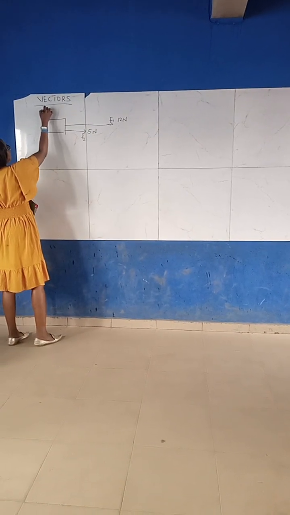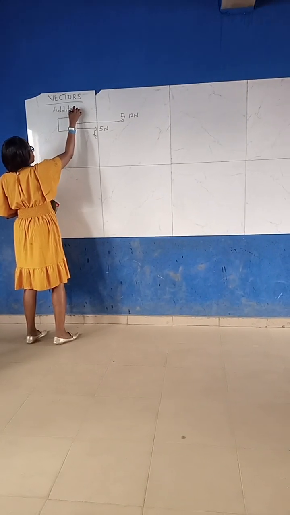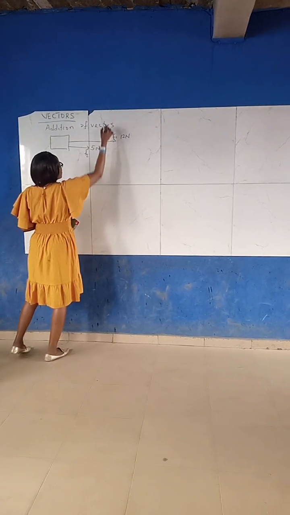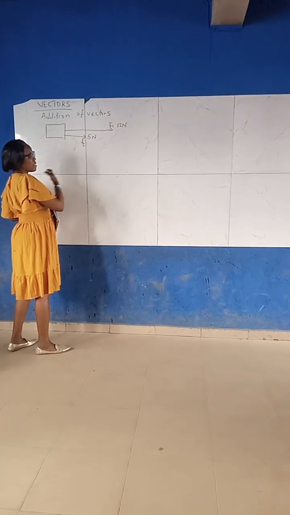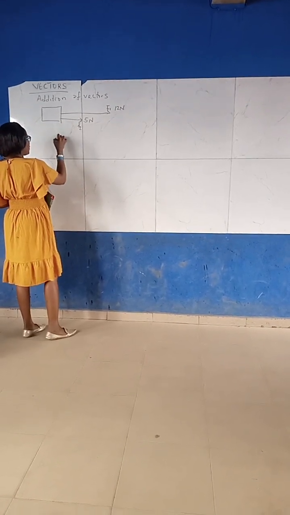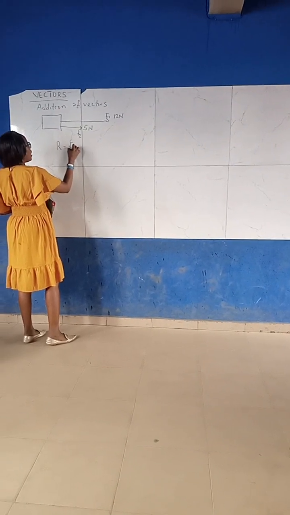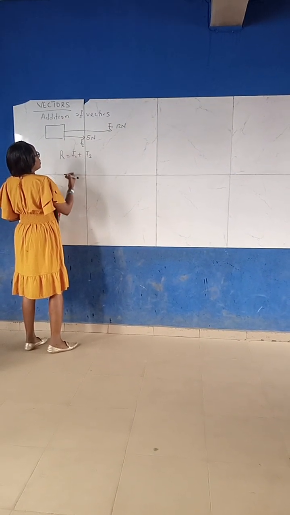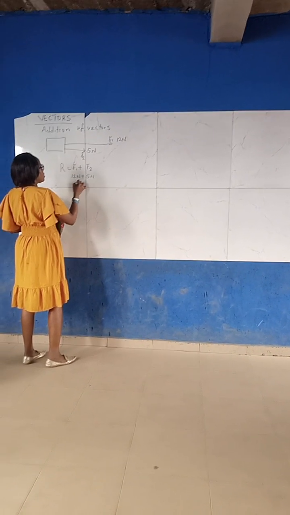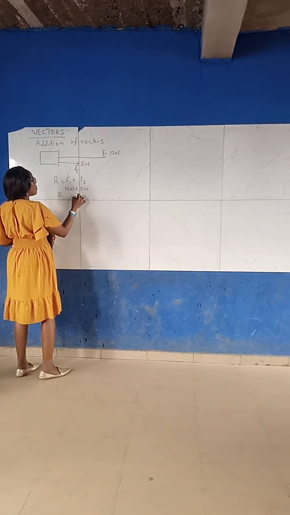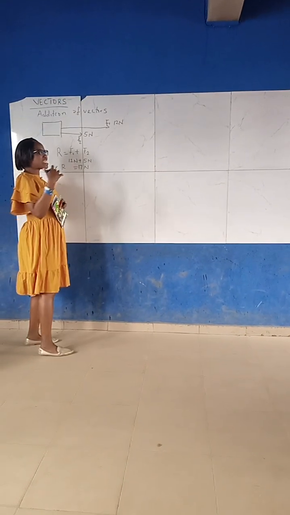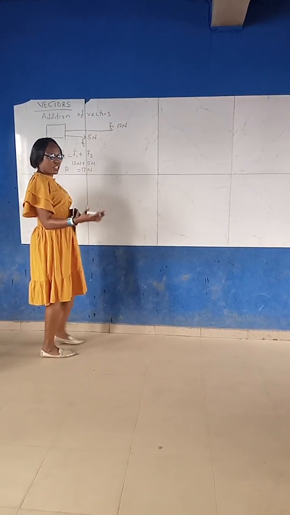If you have to add these two vectors together, because they are traveling in the same direction, you can add them in the normal way. Your resultant vector is going to give us F1 plus F2. It's going to give us 12 Newton plus 5 Newton. Our resultant vector is going to give us 17 Newton. Why? Because the two vectors are traveling in the same direction.